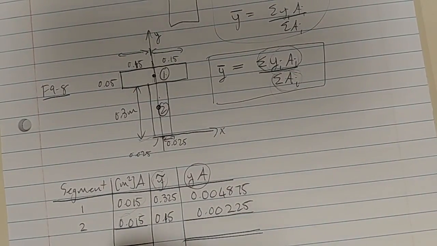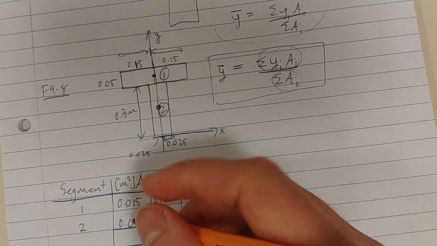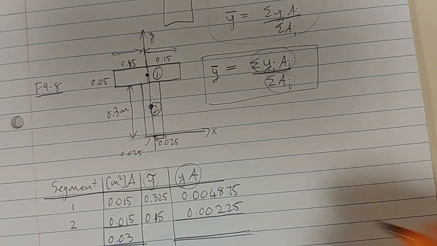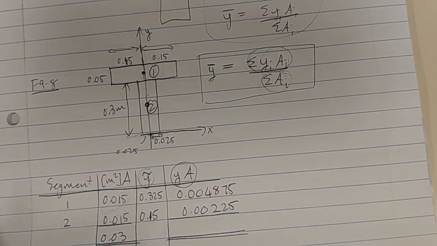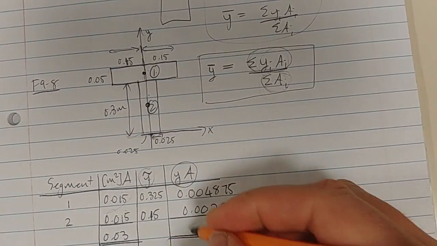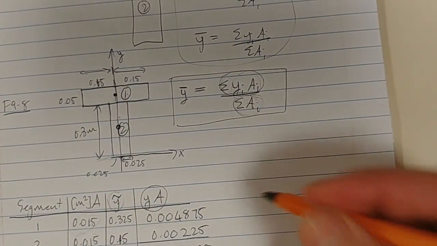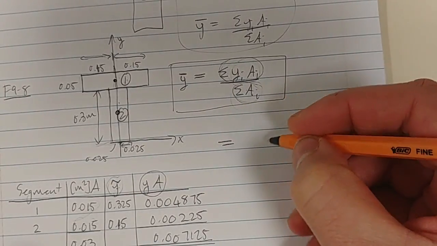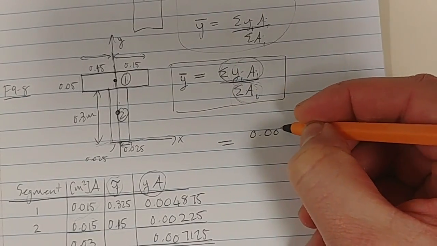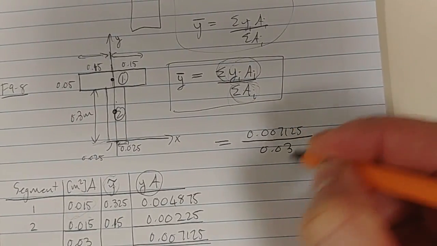Okay, now because we have to sum this up, we just get these totals. So we have 0.015 times 2, 0.03, and we add these two up: 0.004875 plus 0.00225 equals 0.007125. And plugging it into this equation, we get 0.007125 divided by 0.03.